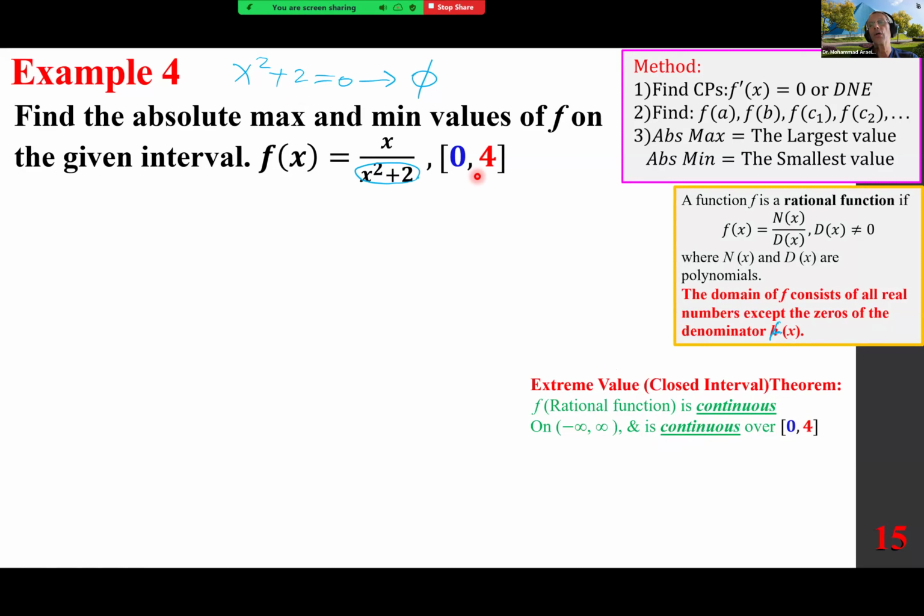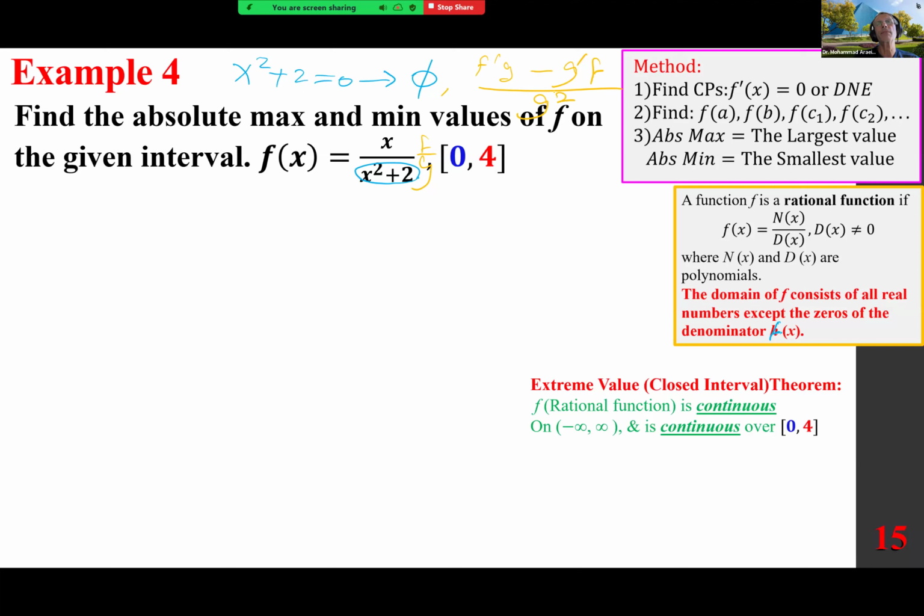So now we are going to start with f prime of x. And to do f prime of x, we are going to use the quotient rule. So we are going to write f over g. The answer is f prime g minus g prime f over g squared.